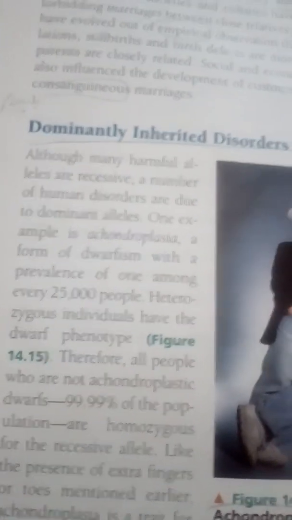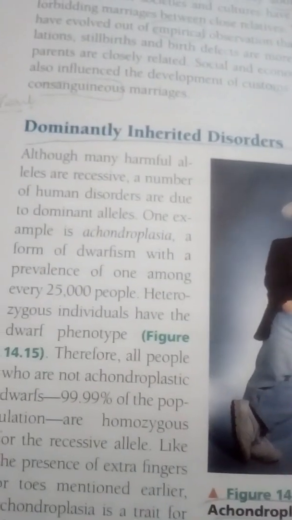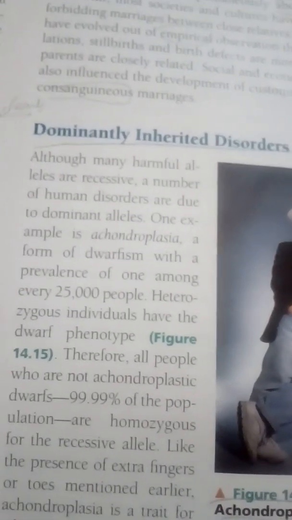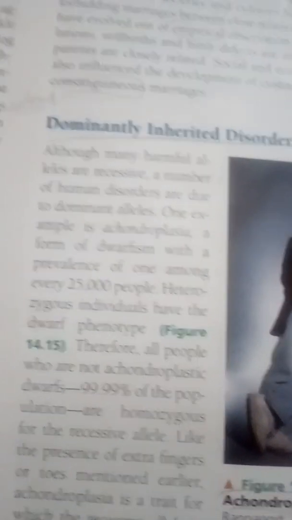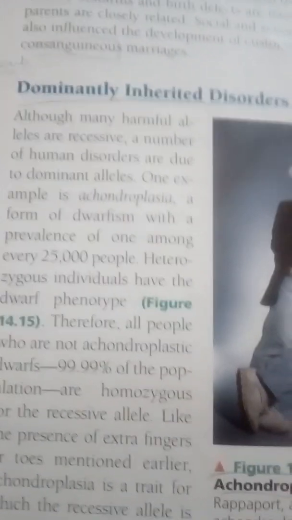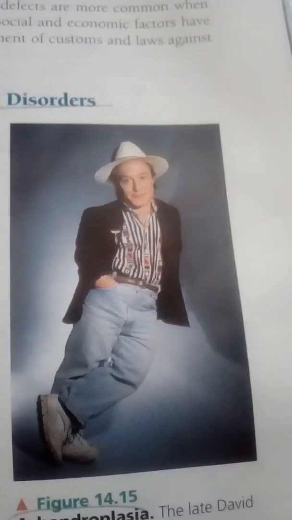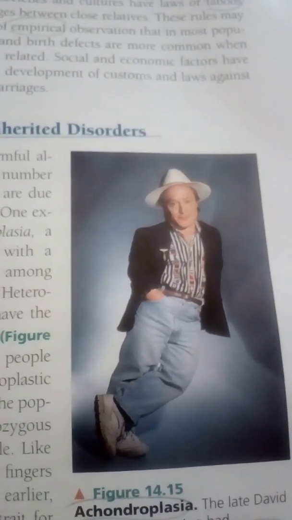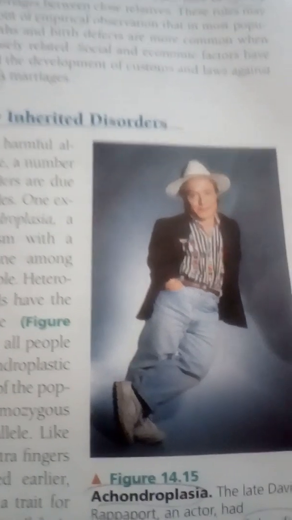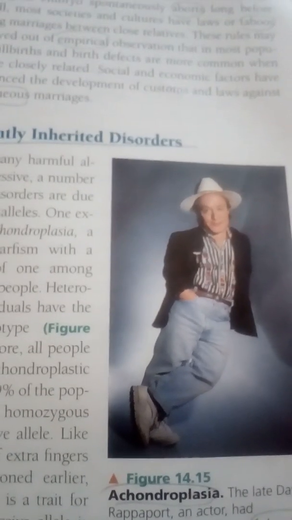We can symbolize the genotype of such individuals as a small a small a, and the genotypes of individuals with the normal phenotype as either capital A capital A or capital A small a. Although phenotypically normal with regard to the disorder, heterozygotes, capital A small a, may transmit the recessive allele to their offspring, and those are called carriers.